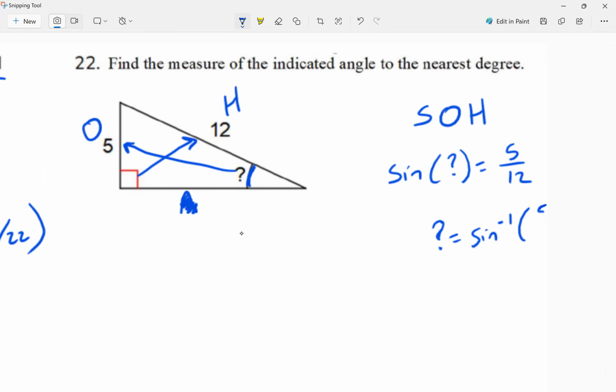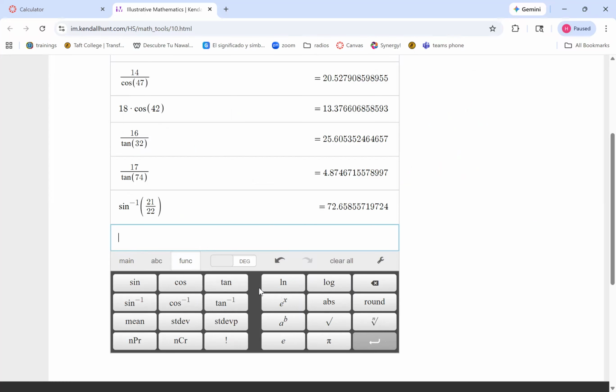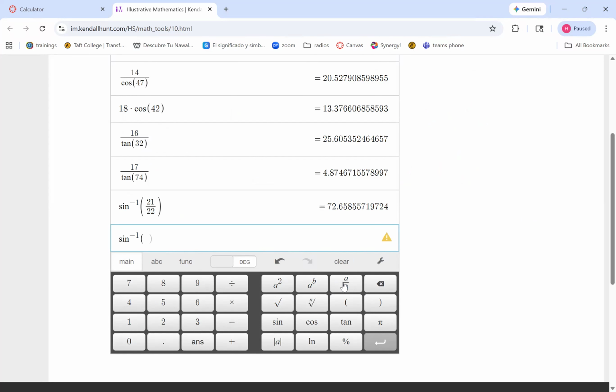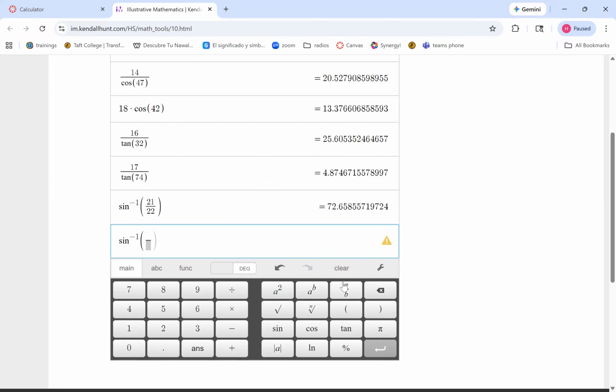Okay, so let me come back to my calculator. I have to go to function to find sine inverse. I come back to the main and I'm going to type a fraction. I'm going to go 5, I click down over 12, I click to the side, close my parentheses. So sine inverse of 5 over 12. Make sure I have what I needed.